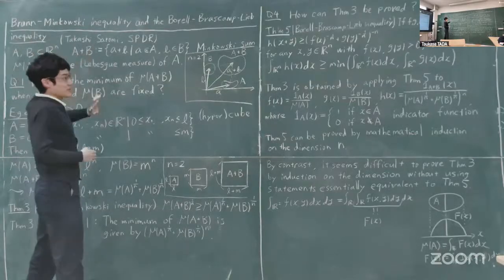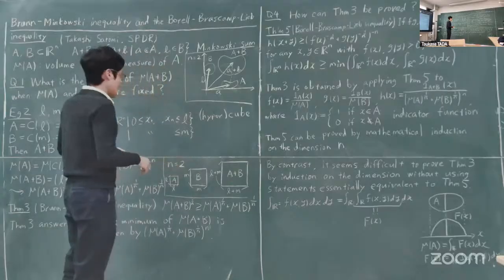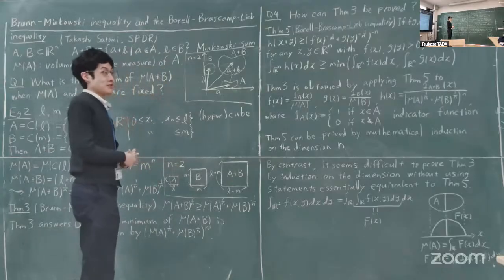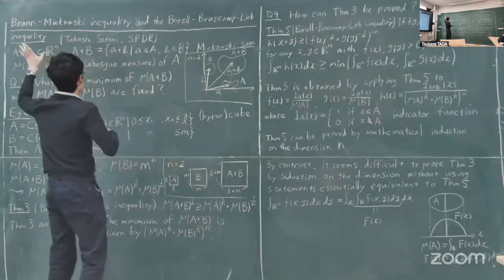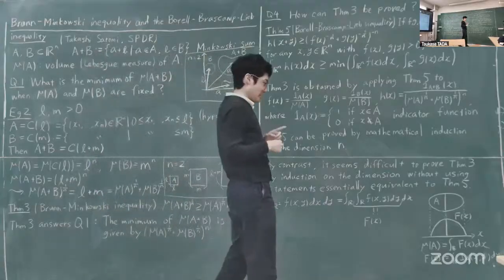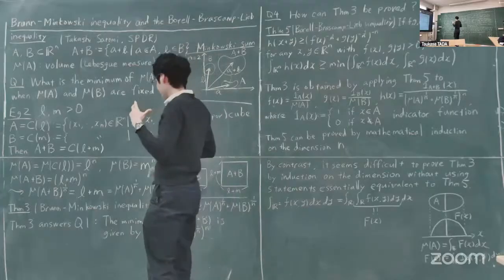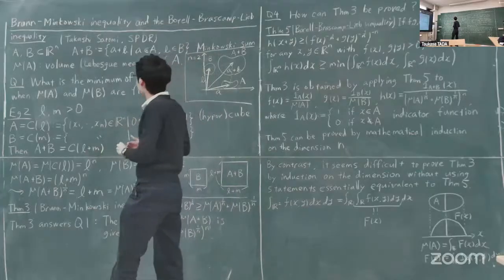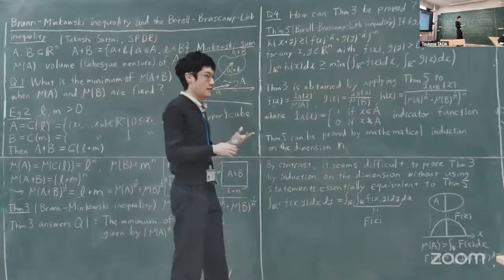The Brunn-Minkowski inequality can be proved by using Young's convolution inequality, so I am interested in it. The other interest is the generalization of the Borell-Brascamp-Lieb inequality to Lie groups.